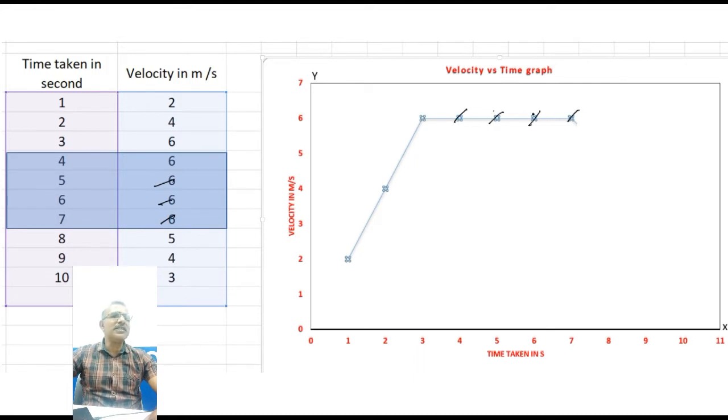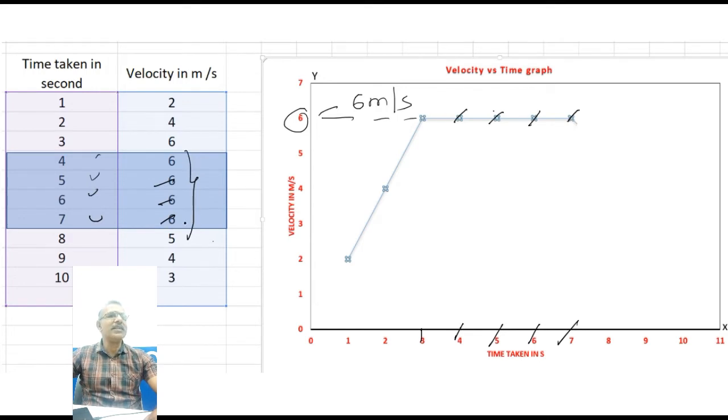So all these are the values of 6 meters per second. I hope you have understood it. Now the 3rd second, 4th second, 5th second, and 6th second, even the 7th second, you can see that the moving body has the same velocity.